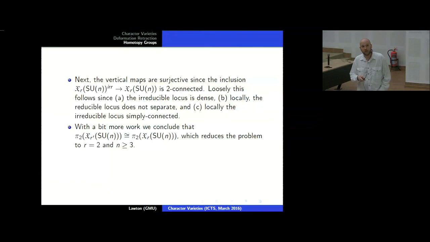In fact, for n equals 3, we know the same thing, because a theorem of Florentino and mine shows that when n is 3 and R is 2, this is an 8-sphere, and so pi2 is also trivial. So really, we just need to prove for R equals 2 and n greater than or equal to 4 that this space is trivial. So how do you do that?